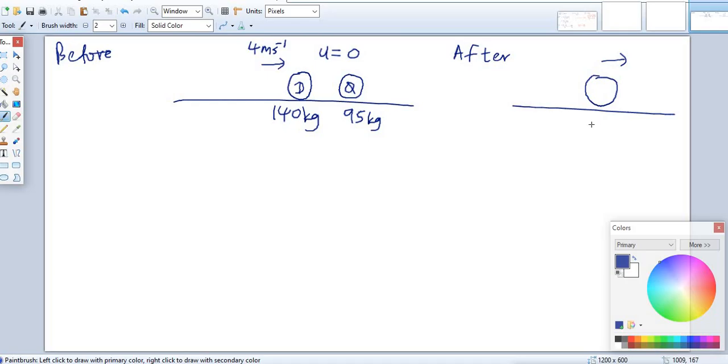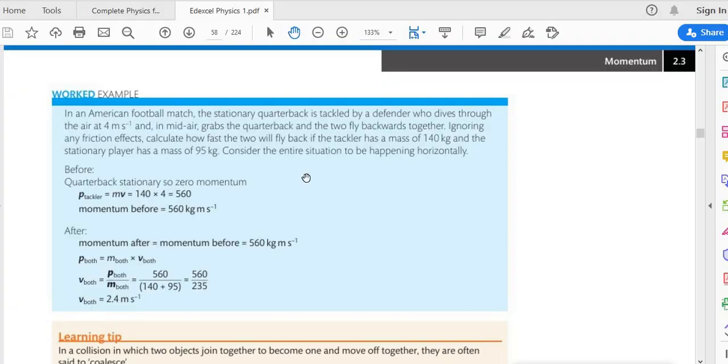Now the total mass here is 95 plus 140, which is 235 kilograms, because they move together. And let's call this V. Now most probably they will ask us to find this. If you read the question, you can see that.